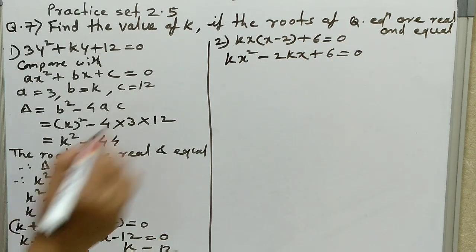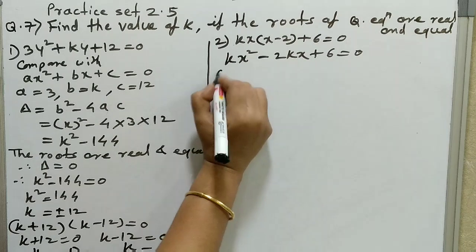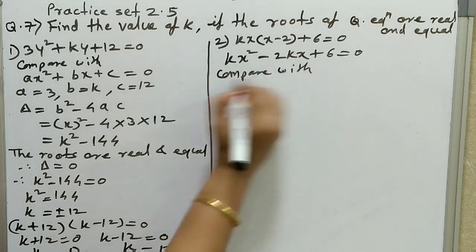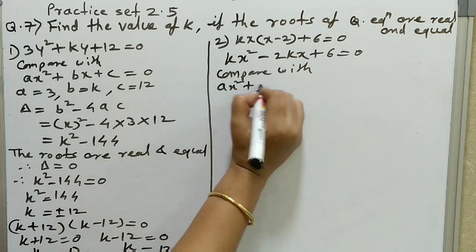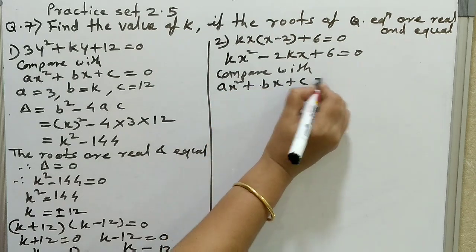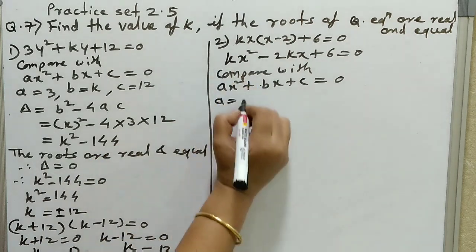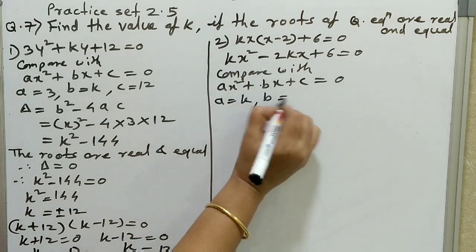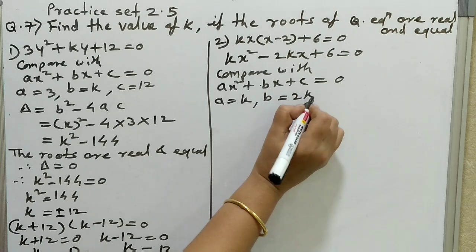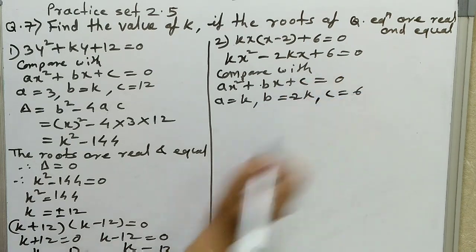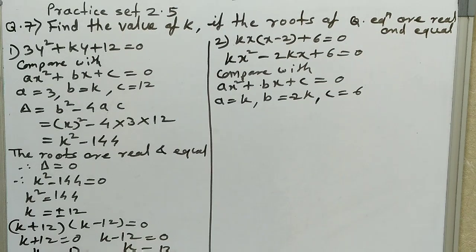Now this equation compare with our standard form, ax square plus bx plus c equal to 0. So value of a in this equation is k and value of b is minus 2k and value of c is equal to 6. So this is our value.